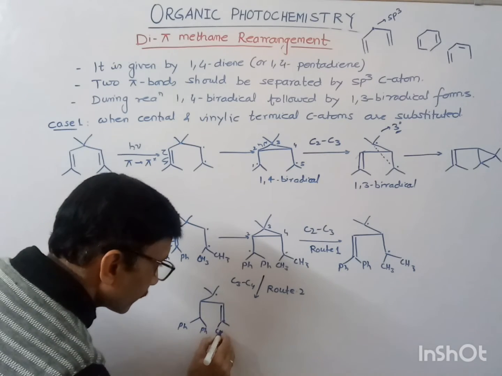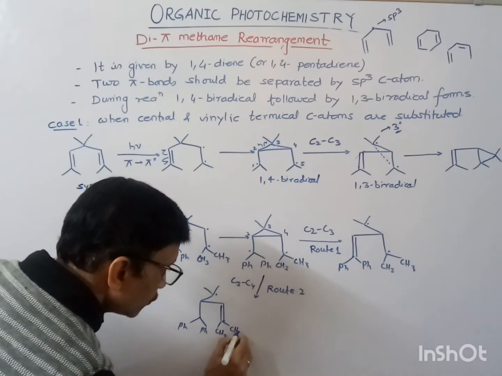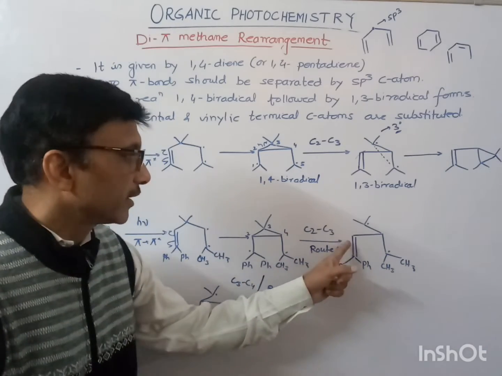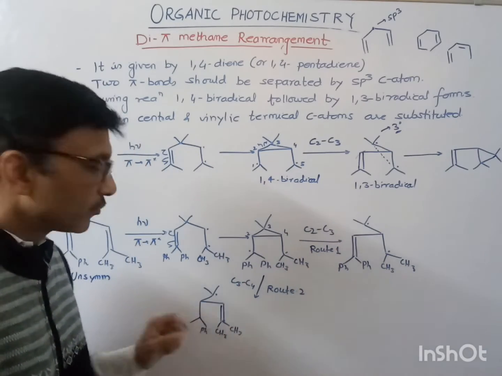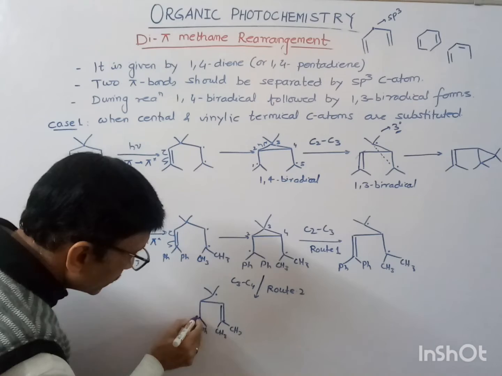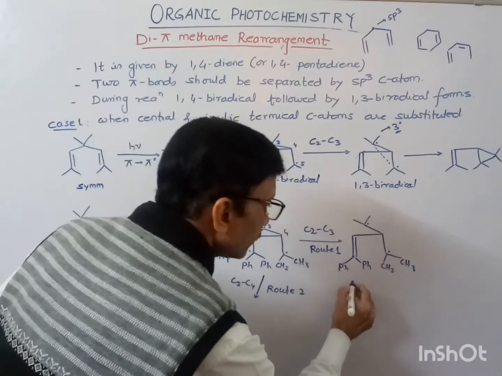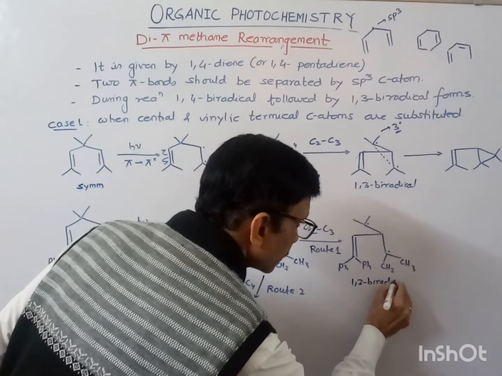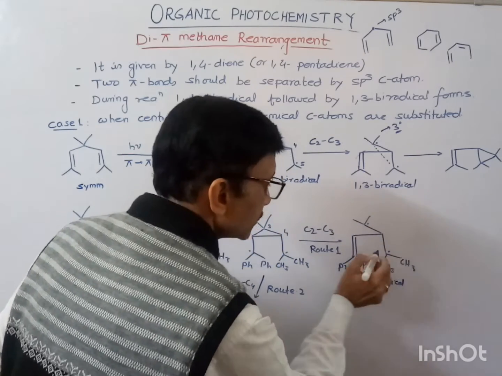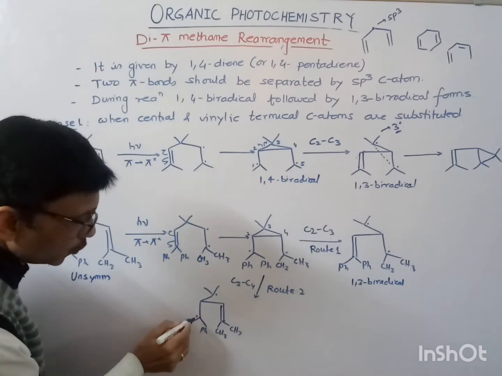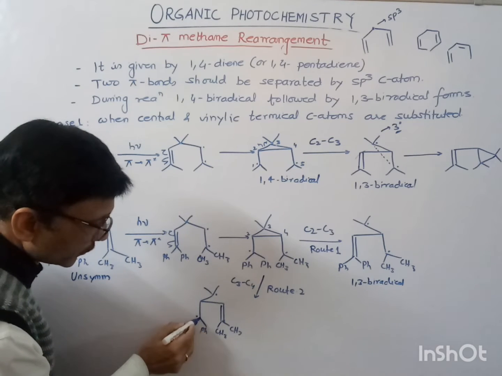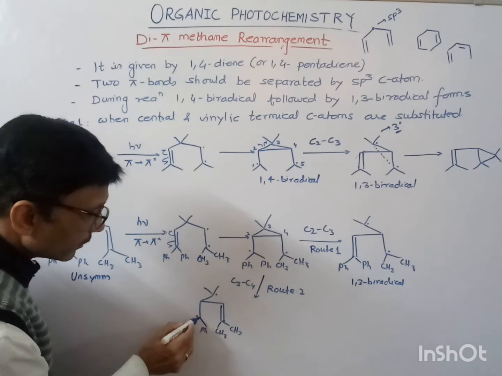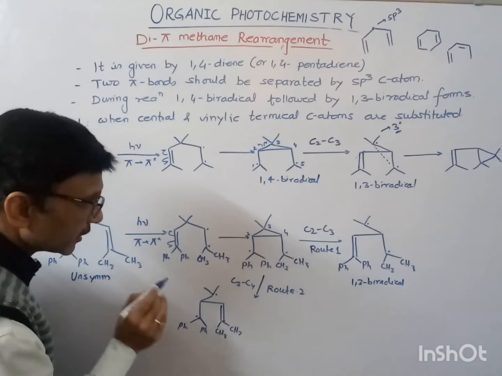So as you have seen, the new double bond is formed over here. We have the 1,3 biradical which is formed, and two radicals are present over here. In this case, the two radicals are present at this benzylic carbon atom and this carbon atom.